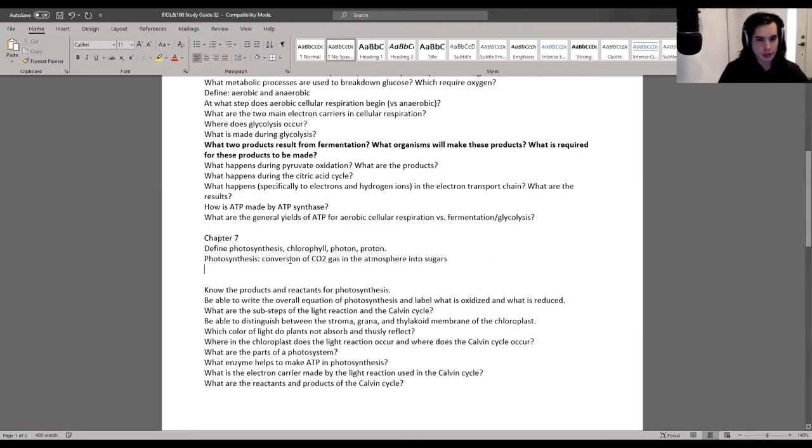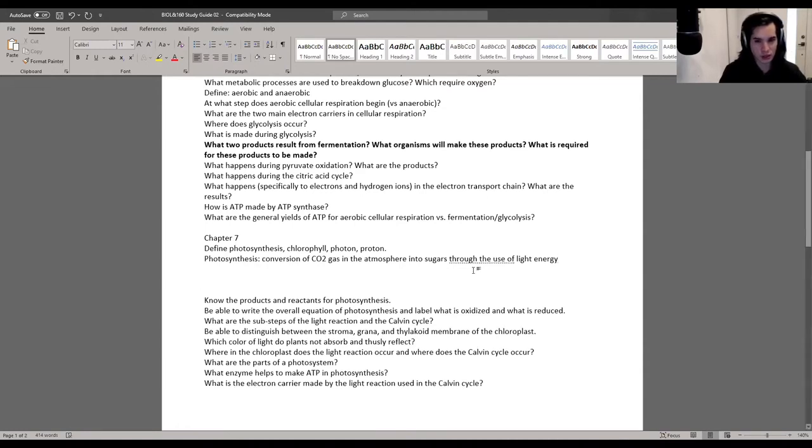I would say that's the simple way of putting photosynthesis: conversion of CO2 gas in the atmosphere into sugars through the use of light energy. That's kind of the driving force of it all. Chlorophyll would be the photopigment that aids in photosynthesis.